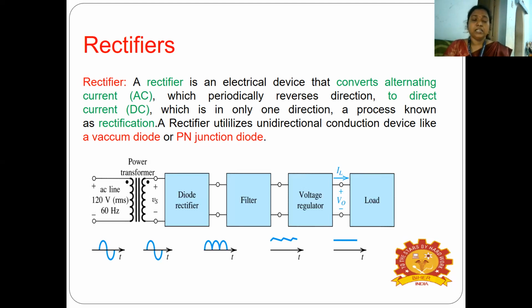From the filter, the unwanted noises which are not required are removed, and the signal is given to the voltage regulator. The voltage regulator will regulate the voltage, or give a constant output voltage. That is the job of the voltage regulator.